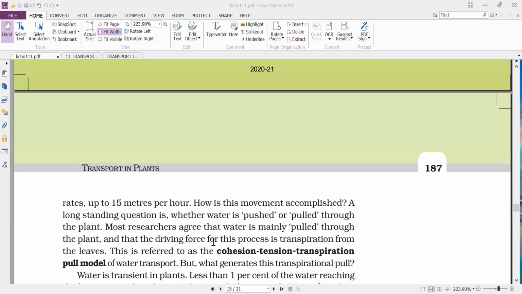And the driving force for this process is the transpiration from the leaves. This pulling force is generated because of the transpiration. So most researchers accepted that the water in the xylem is transported because of the pulling force, which is developed by the transpiration through the openings of the leaves.